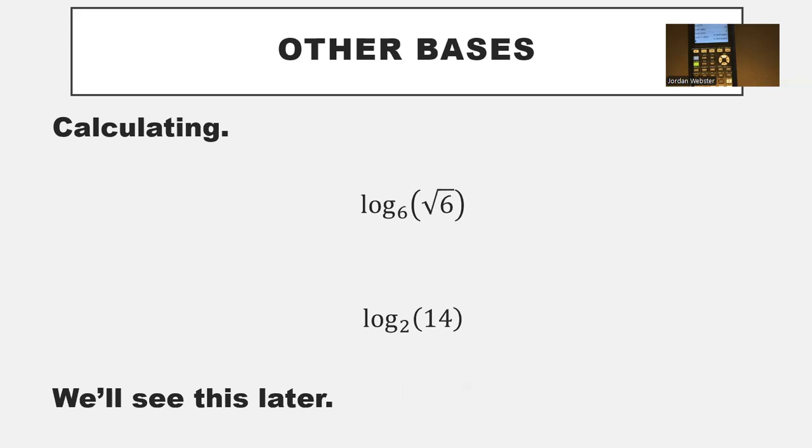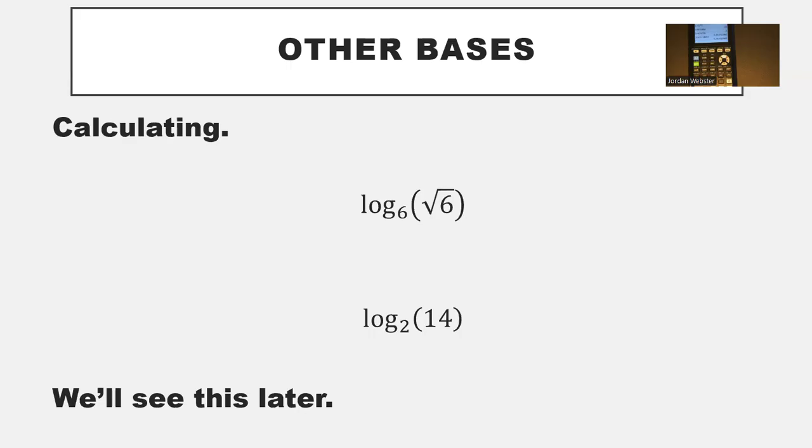Now, if we have other bases, you can rewrite this as exponentials sometimes. That first one, you can rewrite as an exponential. The second one is going to be hard to do by writing exponentials. So if we have other bases, we will be able to calculate those logarithms a little bit later.